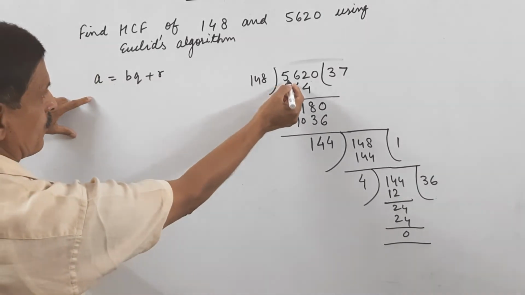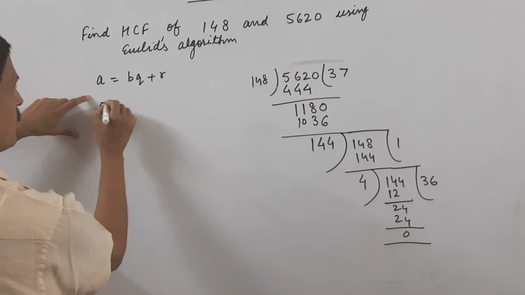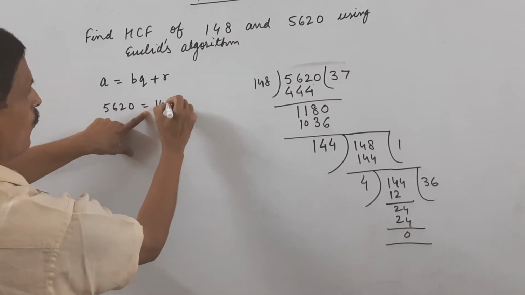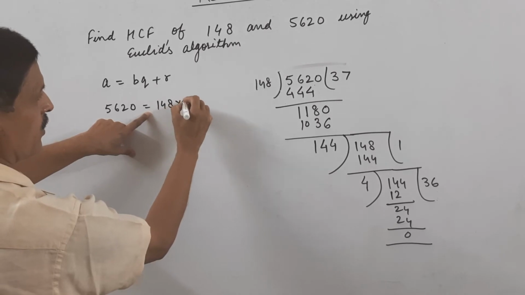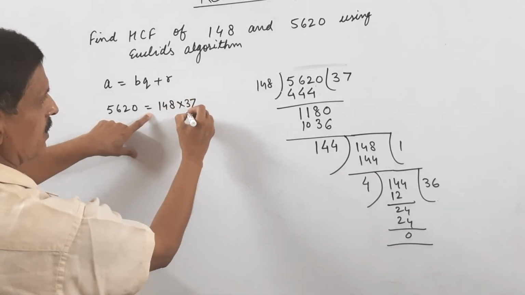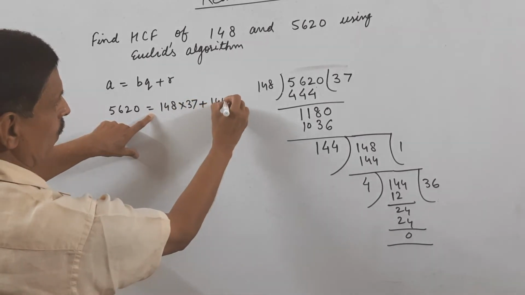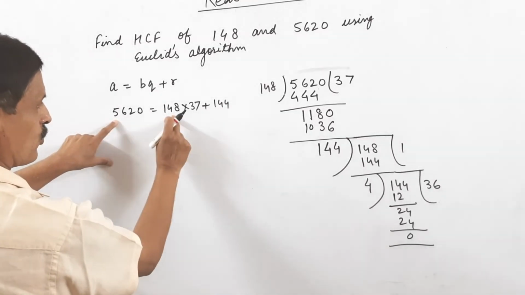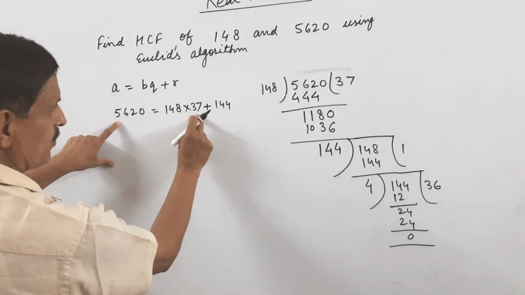First we write 5620 is equal to 148 into 37 plus 144 remainder. Dividend is equal to divisor into quotient plus remainder.